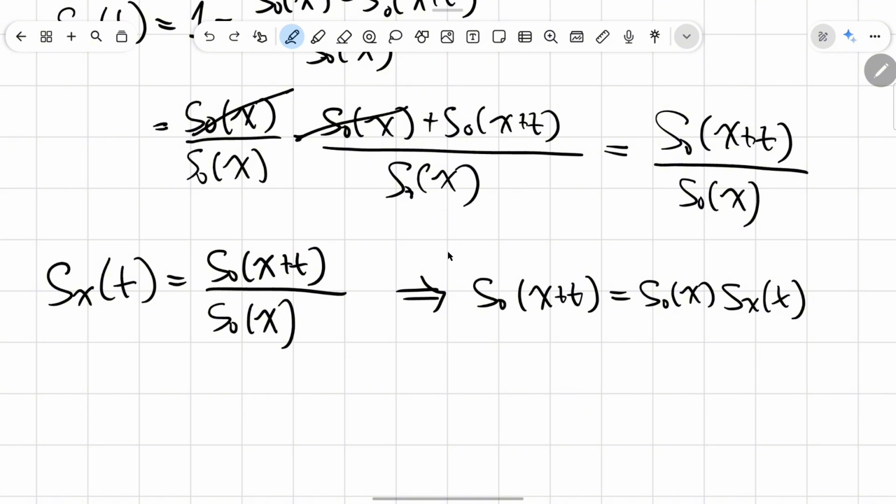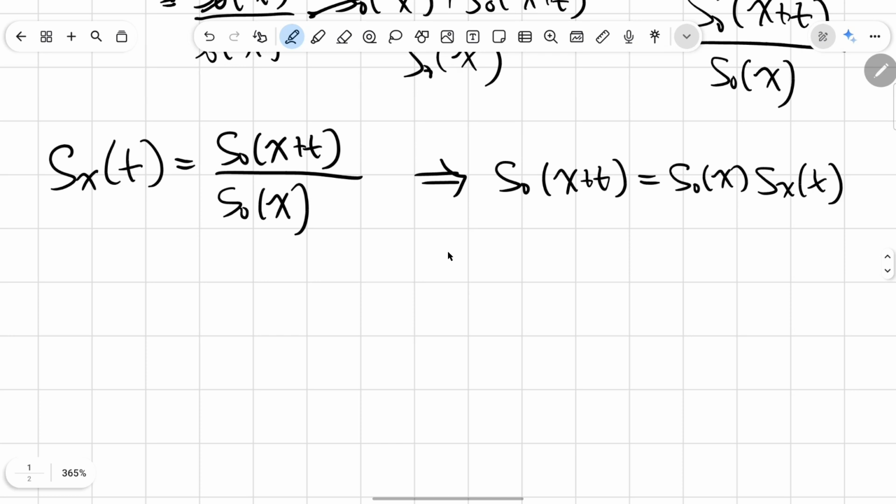What this tells us is that for a person at age x, the probability of surviving after x plus t years is equal to the product of surviving at least x years times the probability of a person aged x surviving t years. So it's like decomposing the age and multiplying them all together.